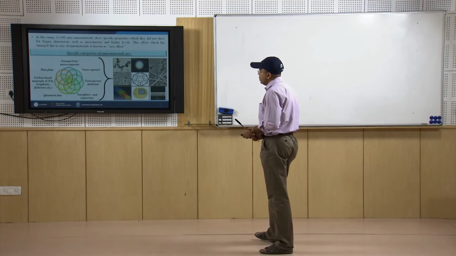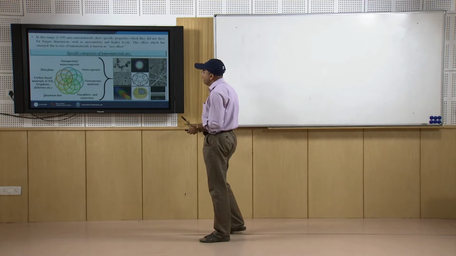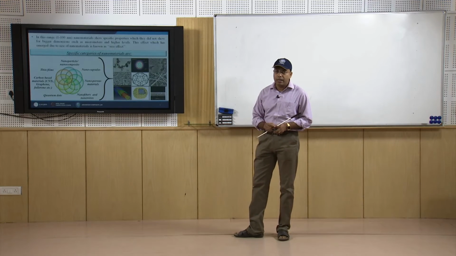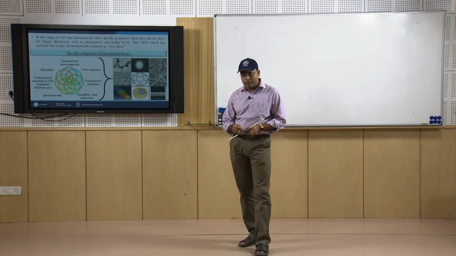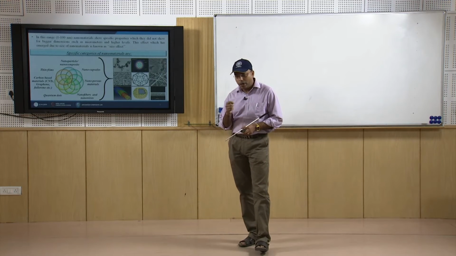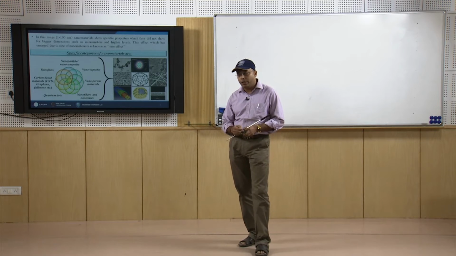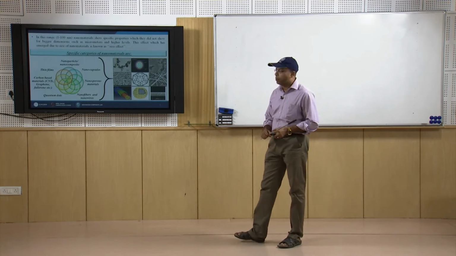In this range, generally 1 to 100 nanometer, nanomaterials show specific properties which they do not show at bigger dimensions such as micrometers and higher. As I told already, if we use the same material in a bigger particle size, or the crystallite size of that particle is bigger, it will show different properties, but if we reduce the size of that crystallite, it will show better properties.